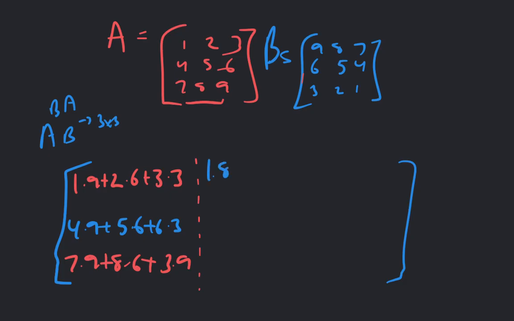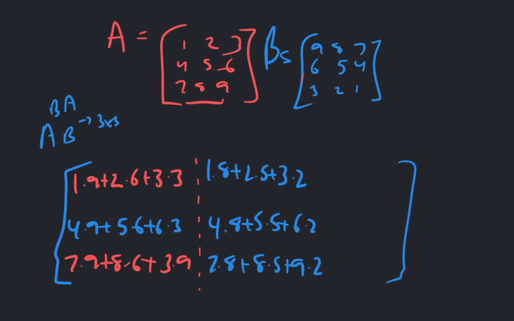So 1 times 8 plus 2 times 5 plus 3 times 2. And then 4 times 8 plus 5 times 5 plus 6 times 2. And then 7 times 8 plus 8 times 5 plus 9 times 2.